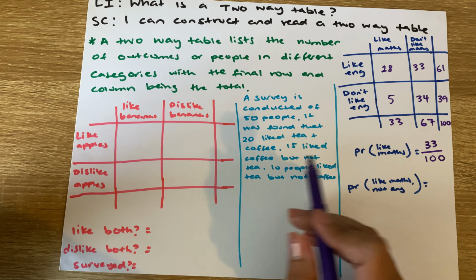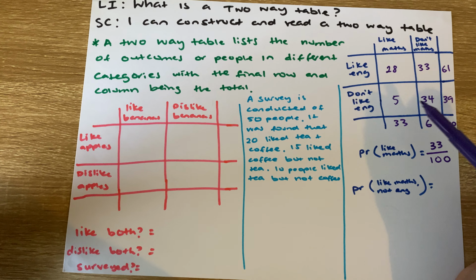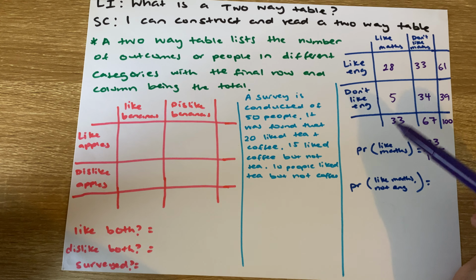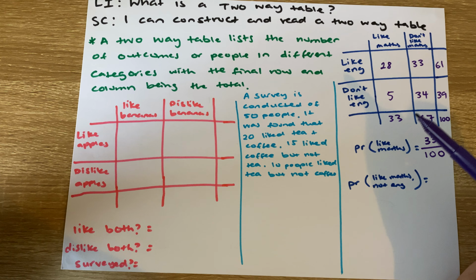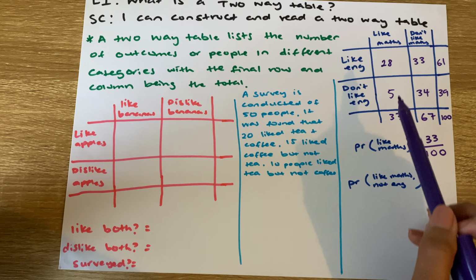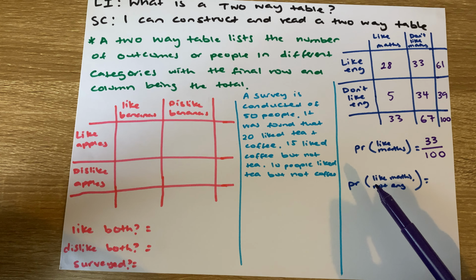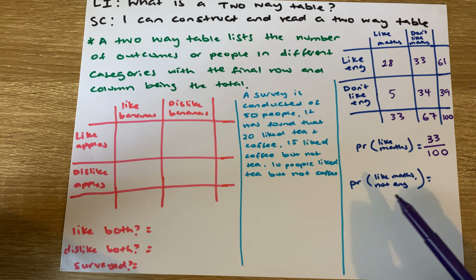So when we're doing these kinds of questions, we're looking at the information that's directly in this table and taking out the information that we require. This one was like maths, which means we're just looking at the like maths column, the total number of people that like maths. For this one, we're looking at the probability that they like maths but not English.